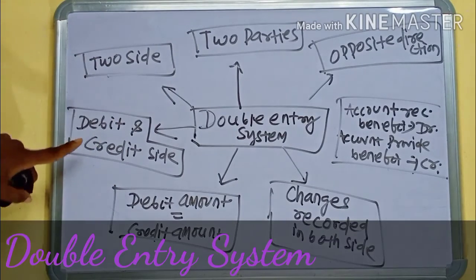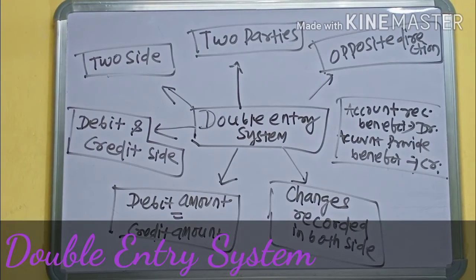One is the debit side and another is the credit side. The left hand side is the debit side and the right hand side is the credit side. In the double entry system, the debit amount and credit amount must be equal.